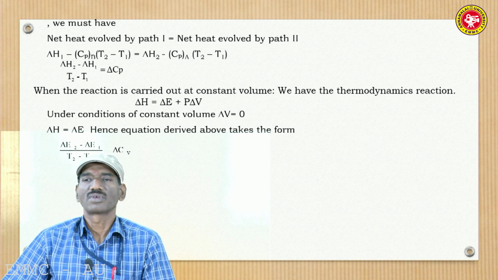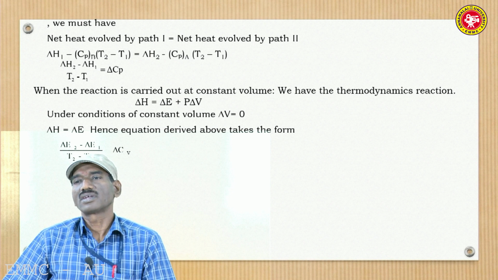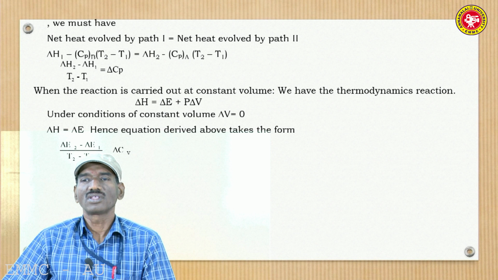When the reaction is carried out at constant volume, we have the thermodynamic relation delta H is equal to delta E plus P delta V. This is a well known equation in thermodynamics.